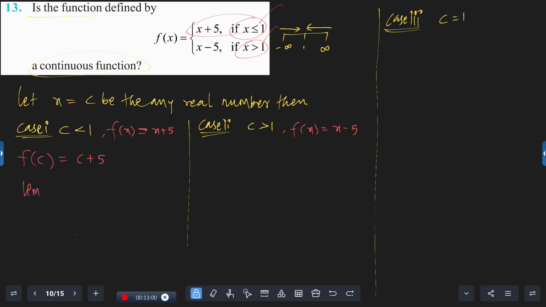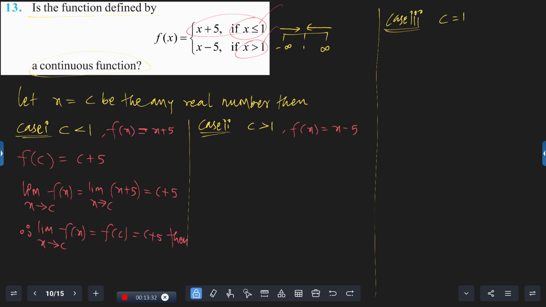Suppose limit value, if you are doing x tends to C, what is the f of x when x tends to C? Here C means less than 1, I said. Less than 1 means x plus 5. So here you will be getting C plus 5. Function value, limit value same. Therefore limit x tends to C, f of x is equal to f of C, that is C plus 5.